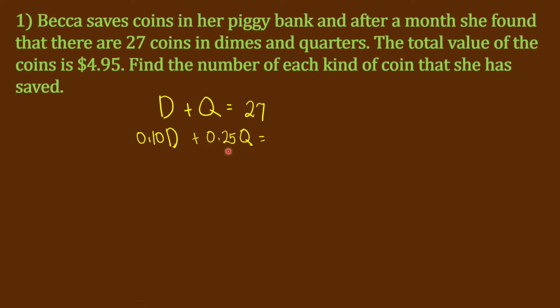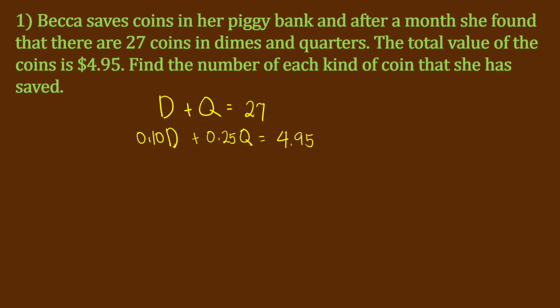This term, 0.25Q, is the amount of all the quarter coins that is in the piggy bank. Now, amount plus amount, what is the total amount? $4.95.